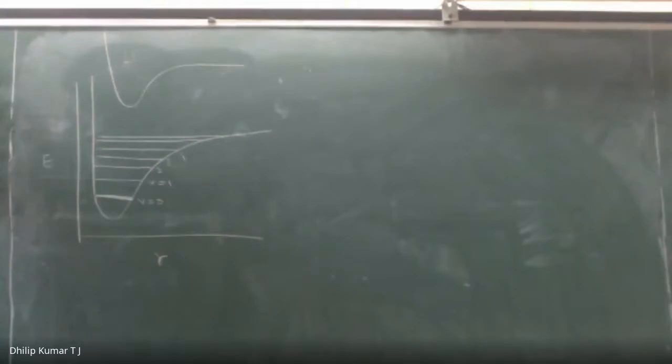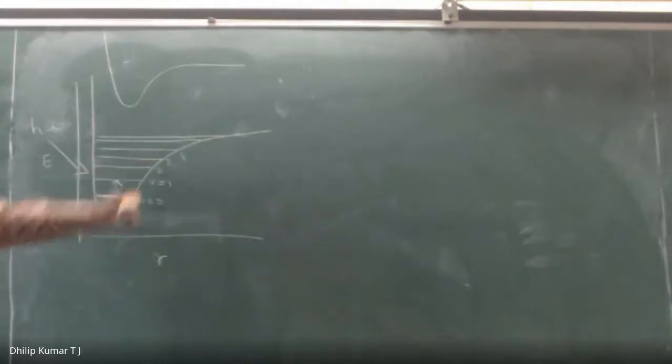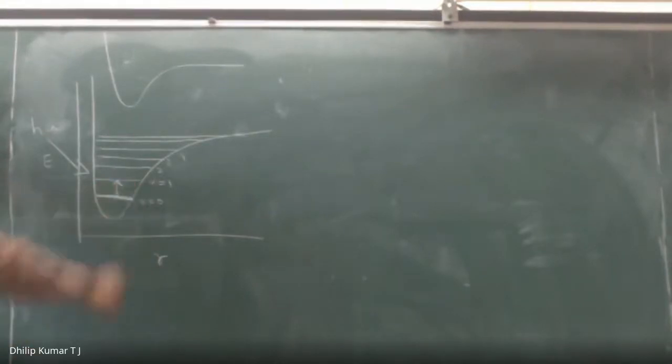If the light h nu falls on the molecule, the molecule undergoes vibrational excitation from one state to another, only when the energy matches. That's what we have studied. Here, not only does the energy gap have to match, but also the symmetry has to match. That's what we're looking at.